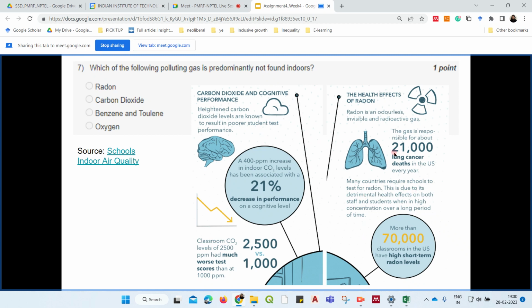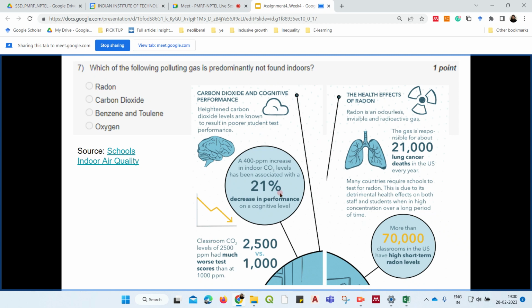And not only does it contribute to lung cancer, it also has several other detrimental health effects on both the staff and students which are present in that environment. So again, radon wouldn't be an answer, because radon is a polluting gas which is present in indoor environments.